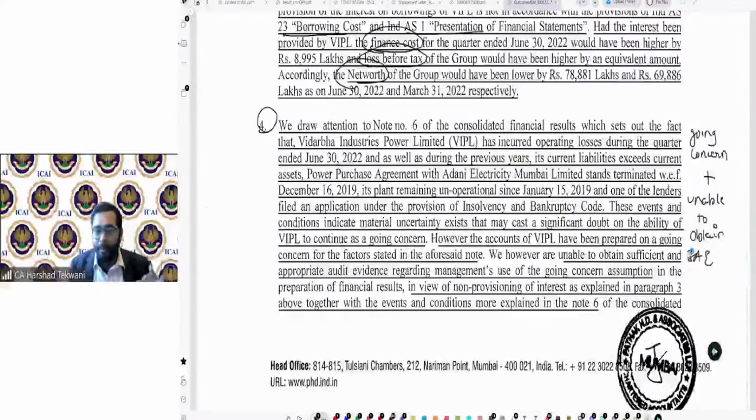I'll say sufficient and appropriate evidence, not audit evidence. That is, this is sufficient, and this is appropriate, and this is evidence. So, a good example of going concern and being unable to obtain sufficient and appropriate evidence.